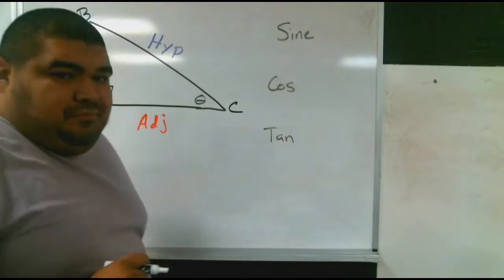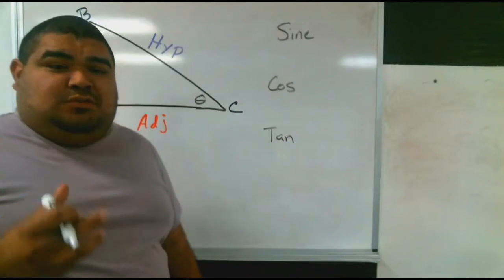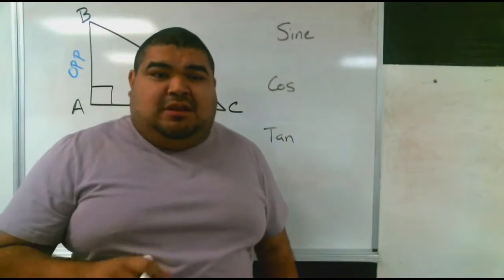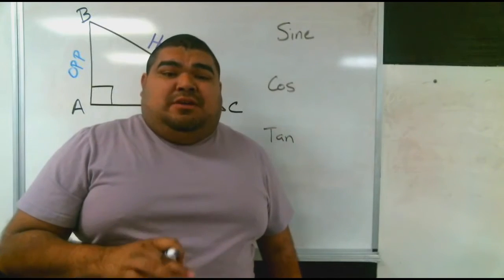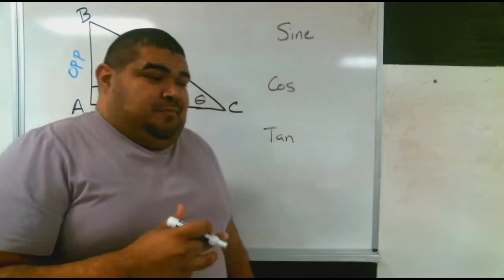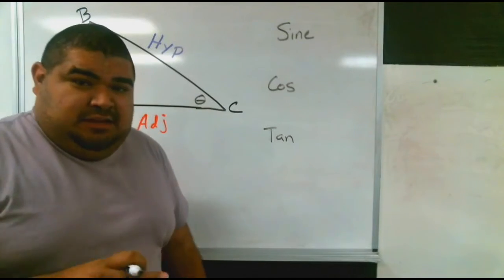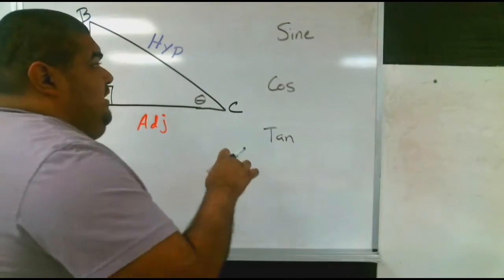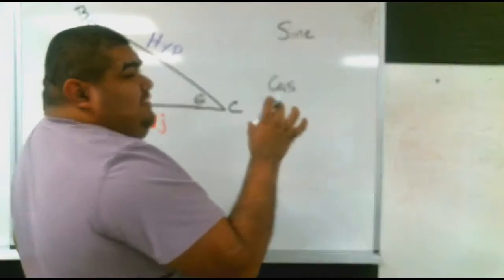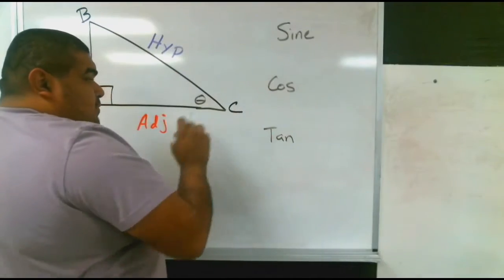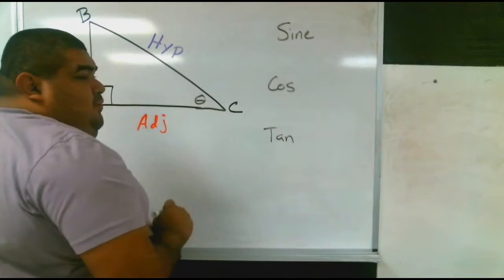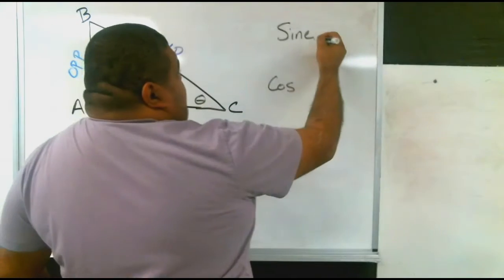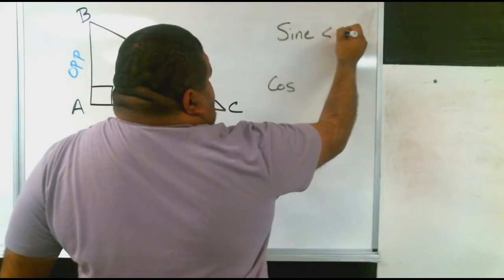This usually always revolves around trigonometry, when it comes to triangles, to solve for a specific angle. For all three of these, there's a specific way to find the angle you're looking for. If you're looking for sine of angle C.